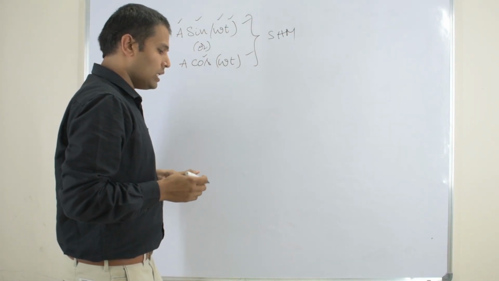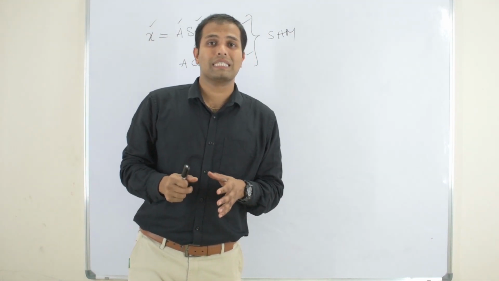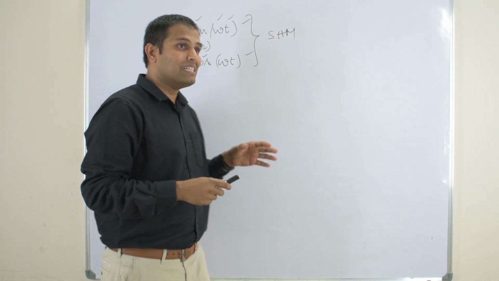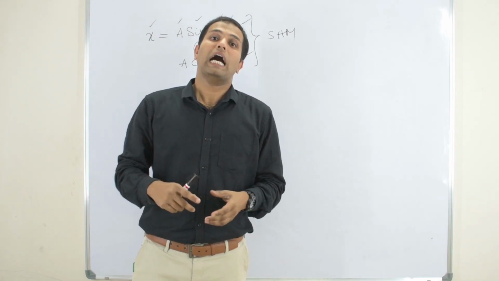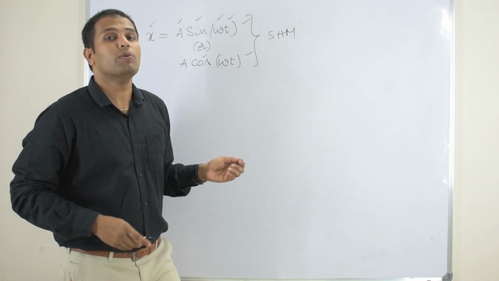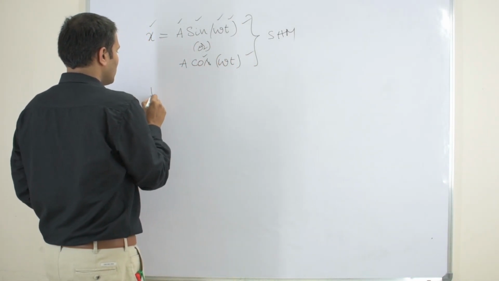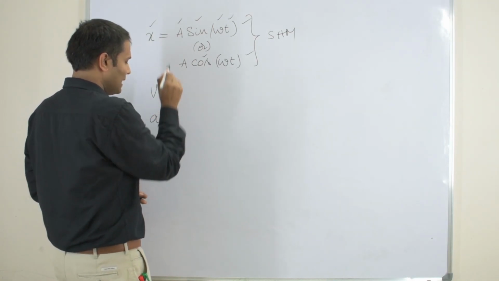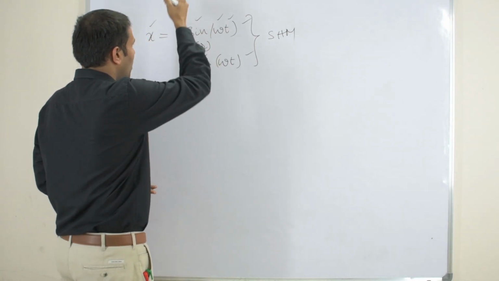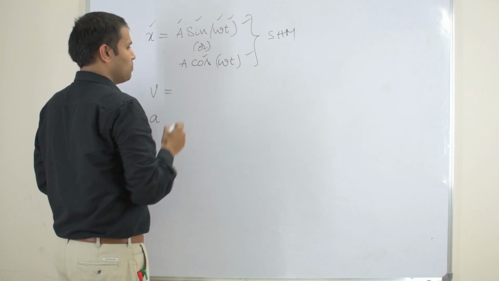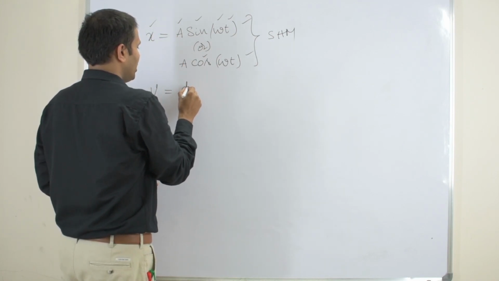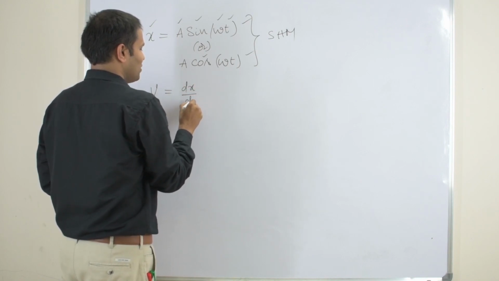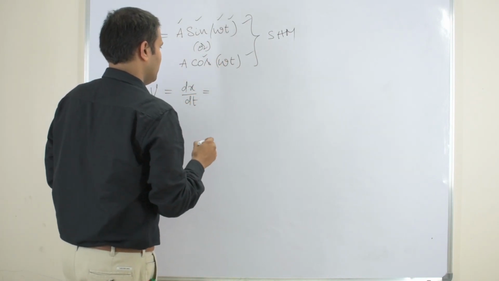Now, in order to analyze the vibrations completely, will the displacement alone be sufficient? No. Along with the displacement, you require velocity and acceleration. So, let's get them from this displacement. You know very well, velocity is the differentiation of displacement. Only once you have to do it.